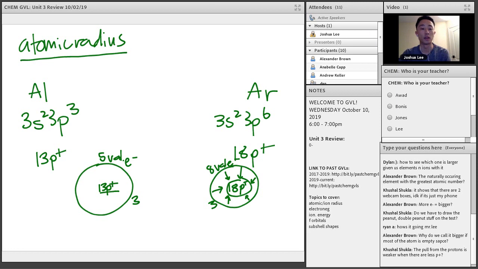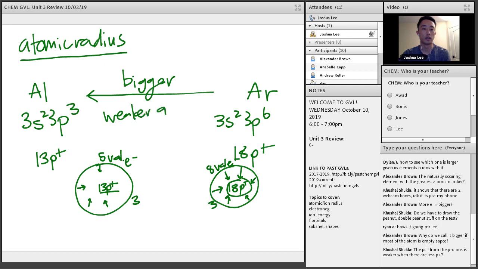Compared to the 13 protons, they're going to pull on the third energy level a little bit less. So that's why as you go this way, it's getting bigger due to the weaker attraction from the nucleus.